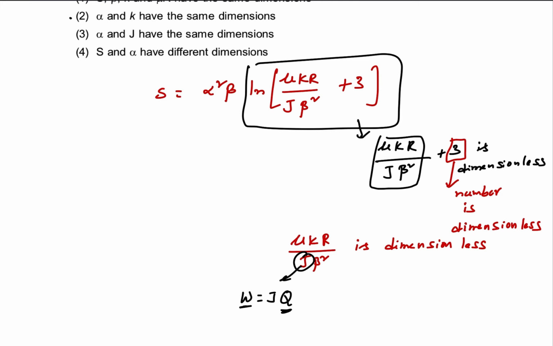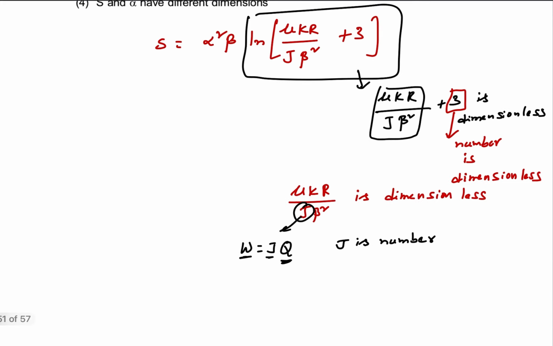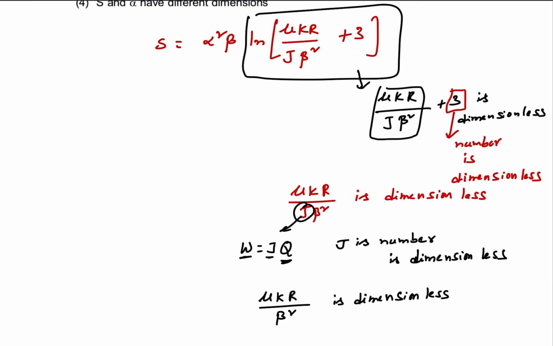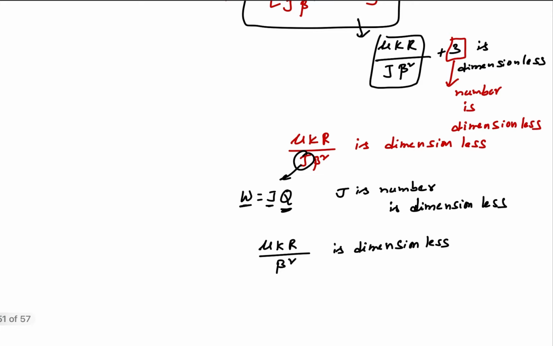Again, I will give one more term. Here you can see J. You know that actually W is equal to J into Q. W is the work done, Q is the heat energy, and J is a number. If J is a number, it is dimensionless. Now you can say that mu k R divided by beta square is dimensionless.